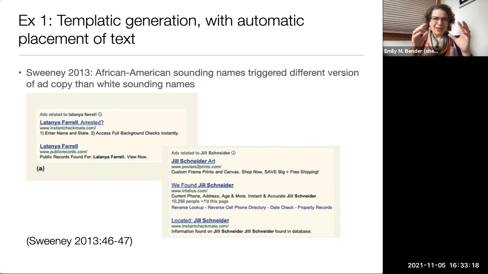This is problematic, and Sweeney's work was a very careful documentation of how this really is somewhere in the algorithm, so the choices of the advertiser and also the algorithmic design, and not at all in underlying data in the world about real people.